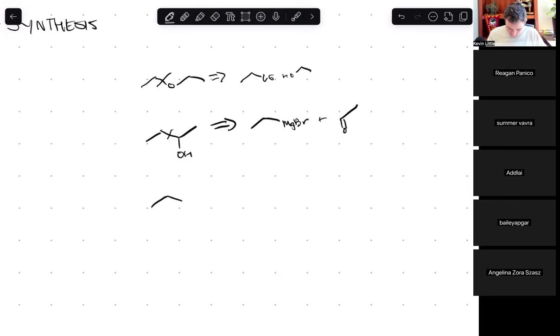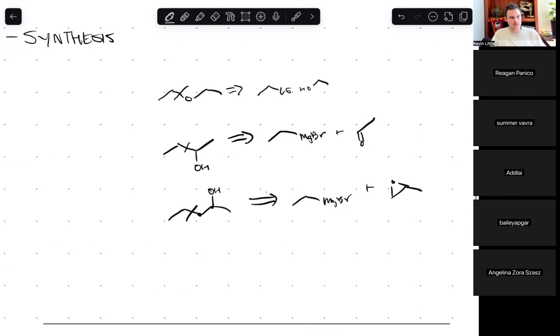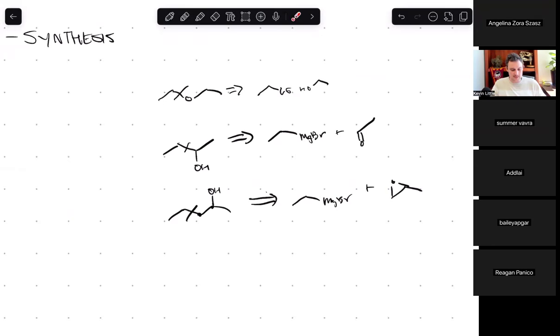If that heteroatom is two carbons away from the squiggle, then we'll have to use an epoxide. So that's the heart of it. That's why we do retrosynthesis over and over and over again, because being able to recognize this just helps so much, right?